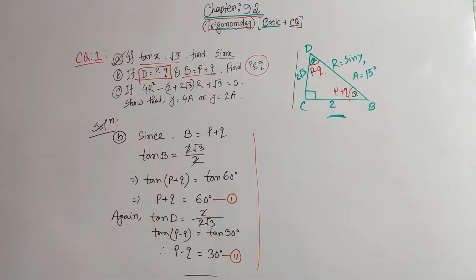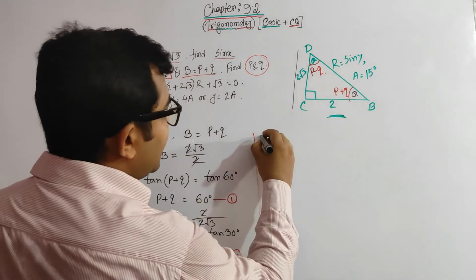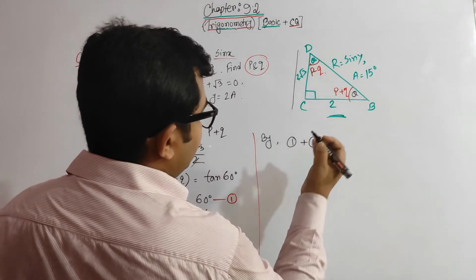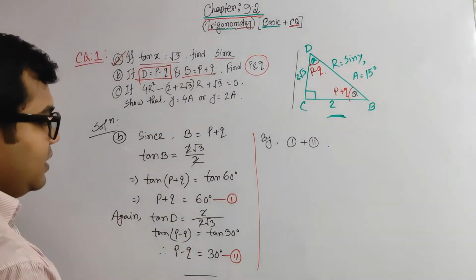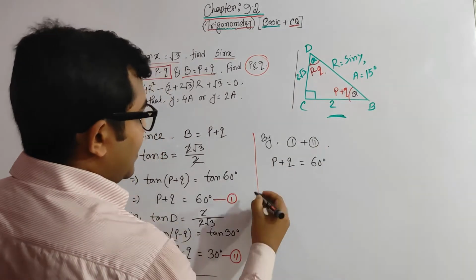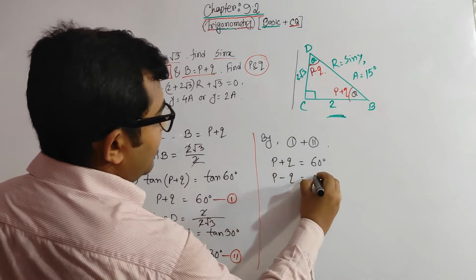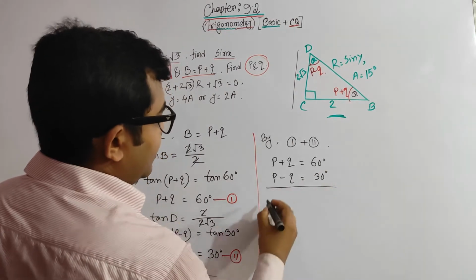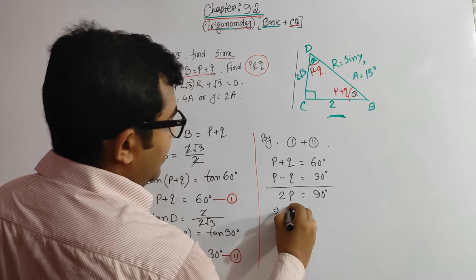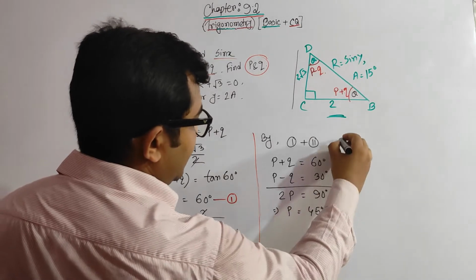By adding 1 and 2, p plus q equal to 60 degree and p minus q equal to 30 degree. If we add these two, we get 2p equal to 90 degree and our p must be 45 degree.